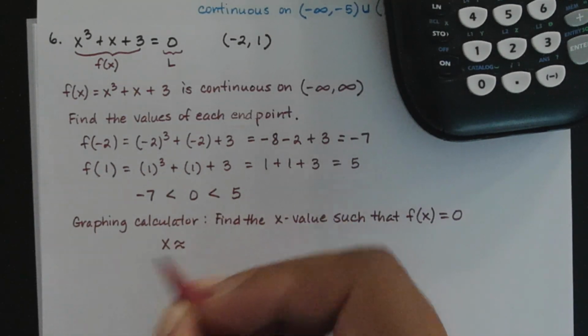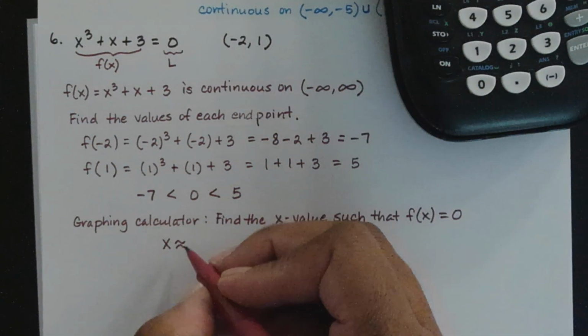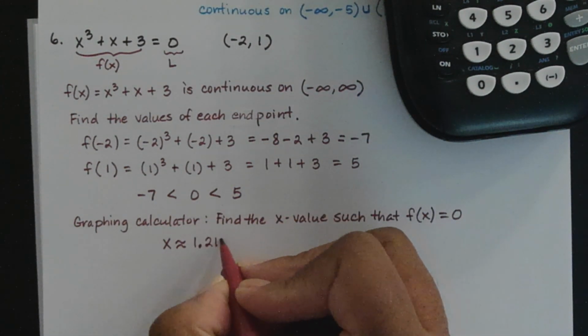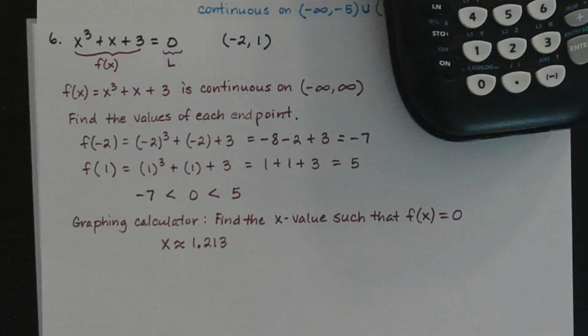I didn't get any of that on my calculator. Didn't? Well, let me see. I got a TI... Yeah, I just deleted the first part, so I did x to the 3 plus x plus 3.